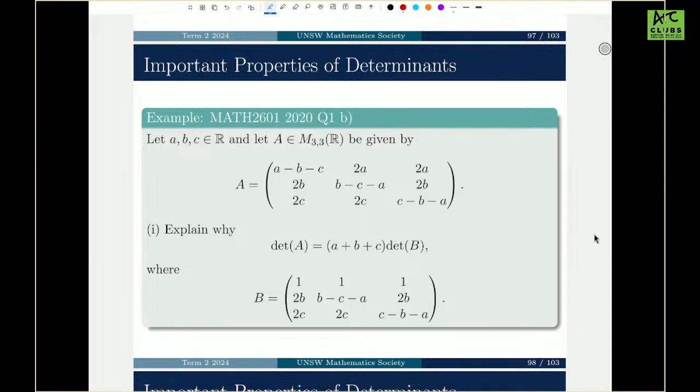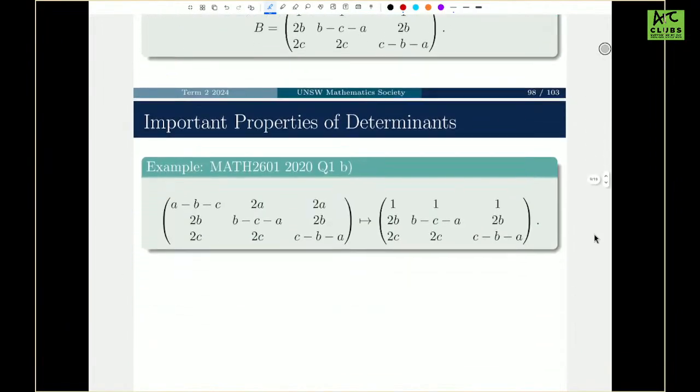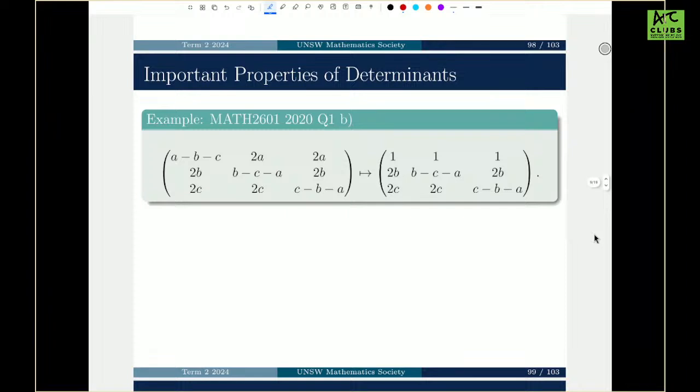Okay. So while it might not immediately be obvious, we can apply some row operations to A. Namely, we can get A into this form. I'm not going to go through all of the algebra, but you add row 2 to row 1, and then after that add row 3 to it.